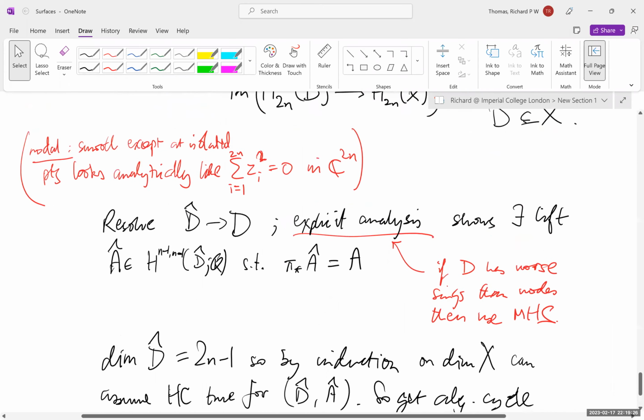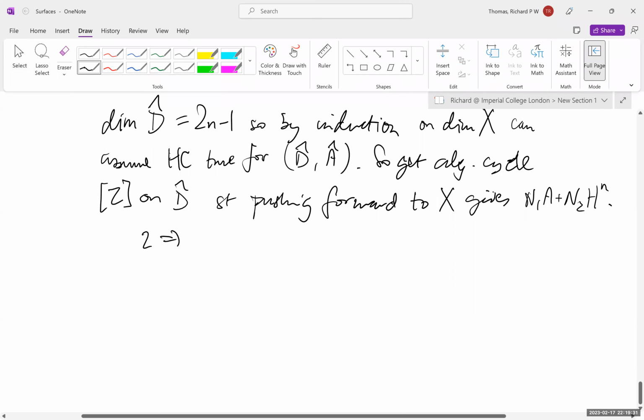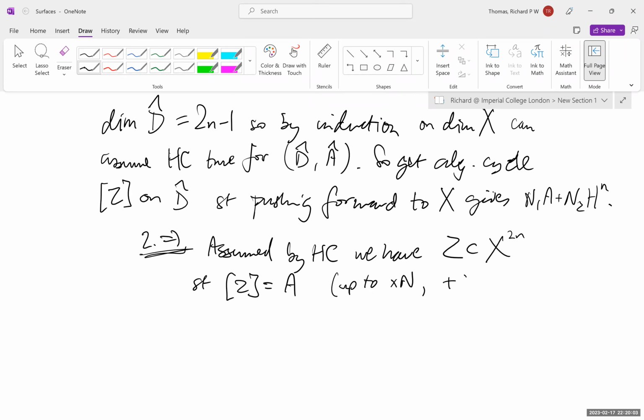Okay, so that's one direction. And that's in some sense the hard direction. But the so-called easy direction is in some sense more interesting, and it shows you where nodes come from. Okay, so in the easy direction, we're supposed to assume the Hodge conjecture. So we've assumed that by the Hodge conjecture, we have our subvariety Z in X, such that Z is A, up to the usual multiplication by n, adding copies of h to the n.